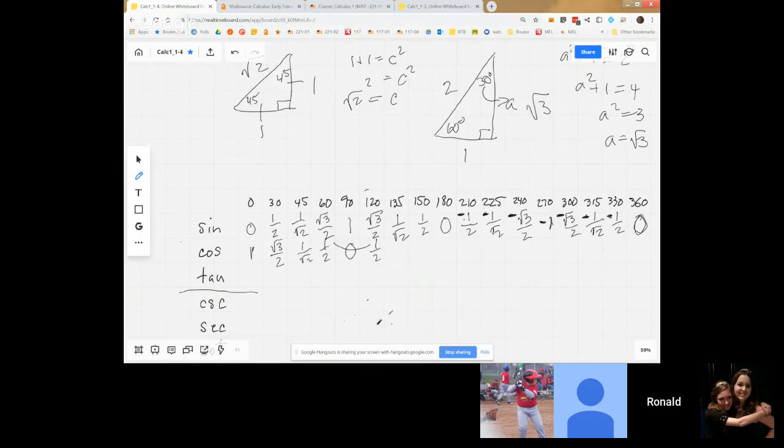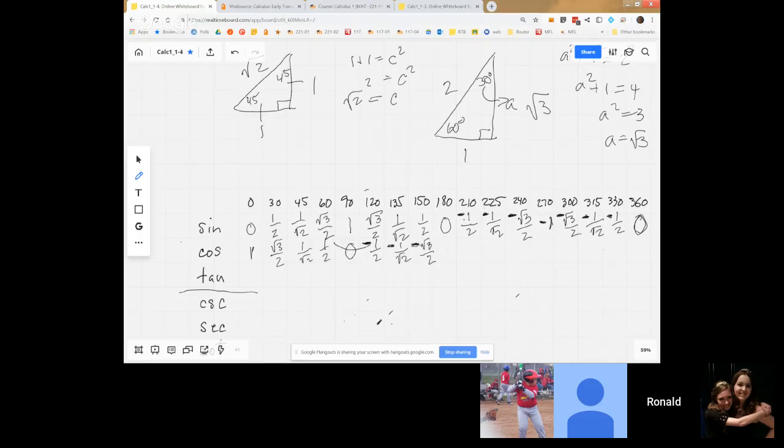But because it's 120, because it's to the left of the y-axis, this is now negative. Cosine of 135, 45-degree angle, 1 over the square root of 2. But again, because we're in quadrant 2, it is negative. 150, that's a 30-degree angle. So the cosine of 30 is the square root of 3 over 2. And again, we are in the second quadrant, cosine is negative.